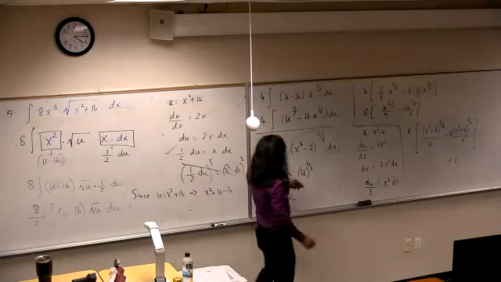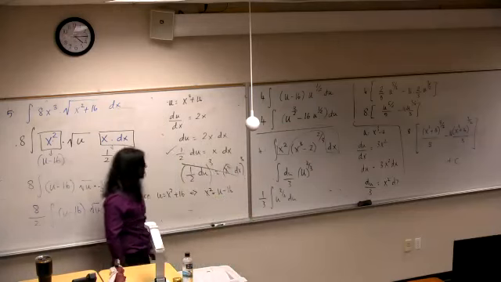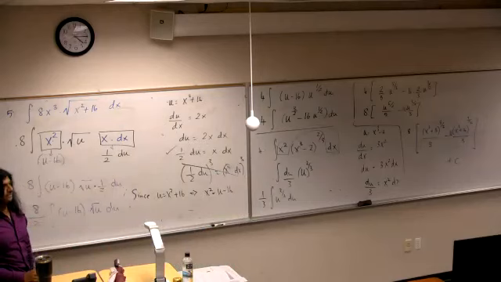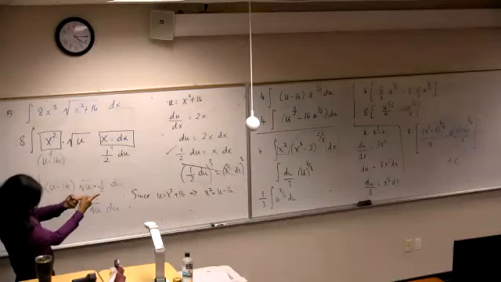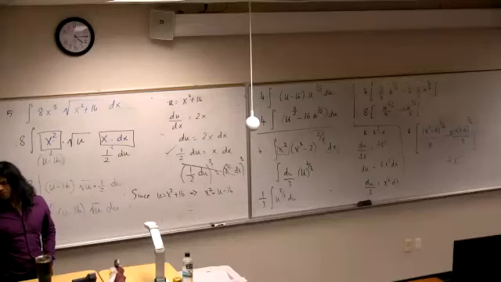Two, anytime you have radicals, you should rewrite them in terms of exponents, then you'll know what to do. Okay? And do note the difference between this problem and that one.